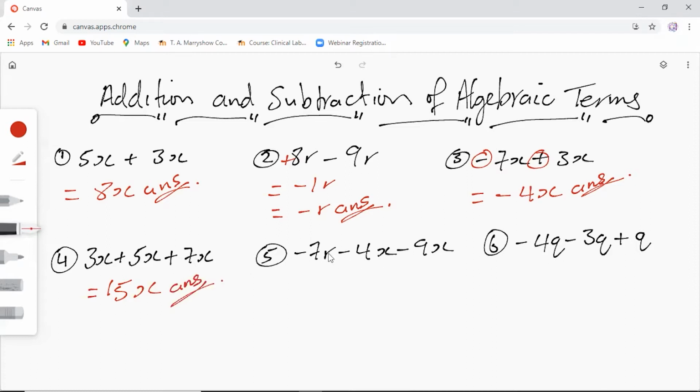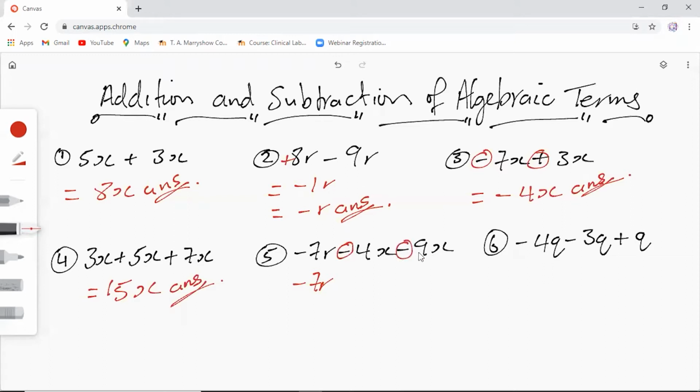Number 5, we have negative 7r minus 4x minus 9x. Now minus 4x and minus 9x are like terms. However, minus 7r is an unlike term. So we have to bring down the minus 7r, because we cannot do anything else with it. And then we say the sign in front of the 4x is negative.